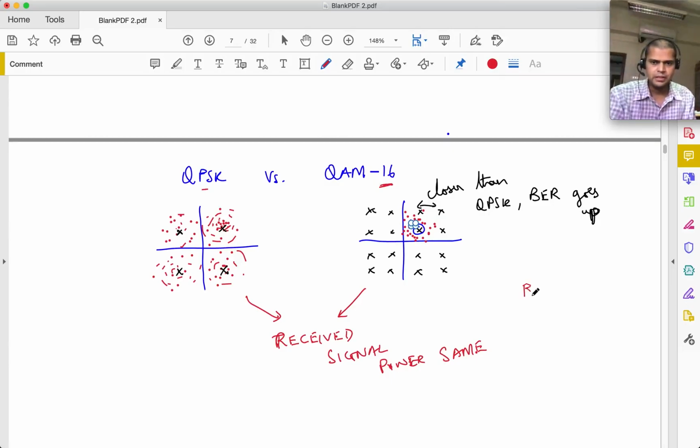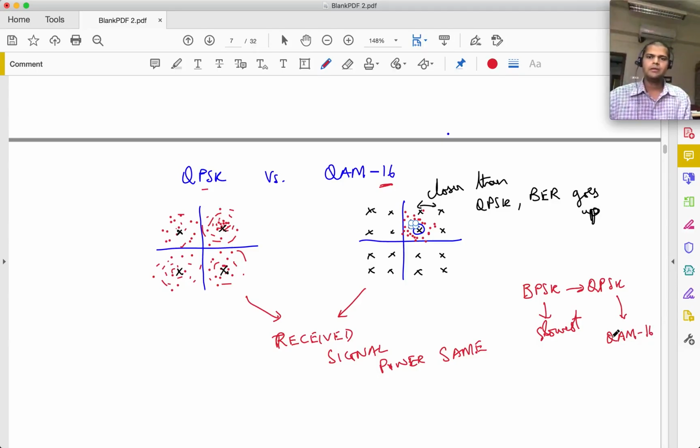Okay, so BPSK is the lowest, and it's the slowest, I should say, because you send the fewest number of bits per constellation point. And then of course higher than this is QPSK, and higher than this is QAM16 and so on. Okay, and there are a multitude of different modulation schemes that you can think of.